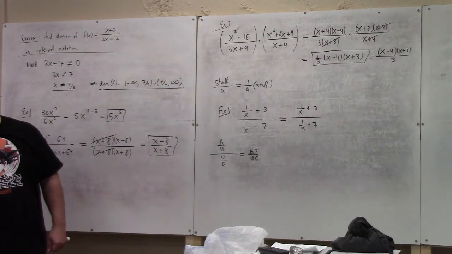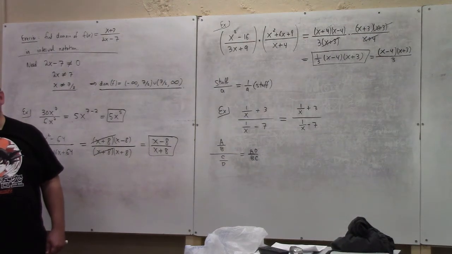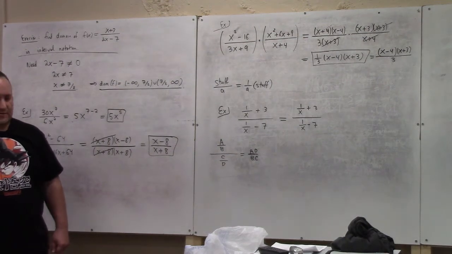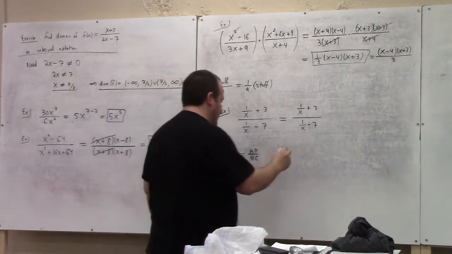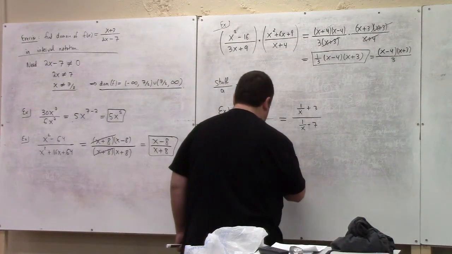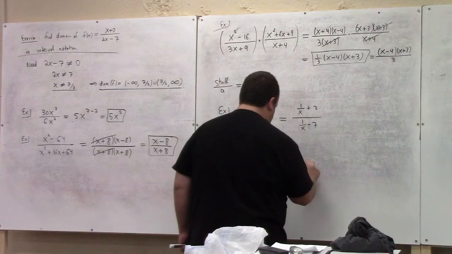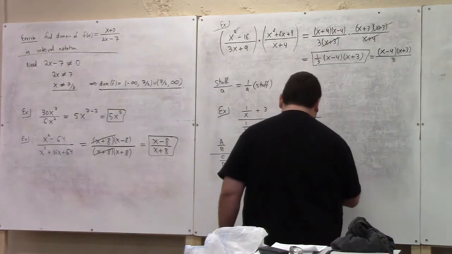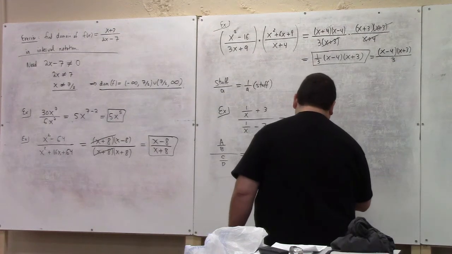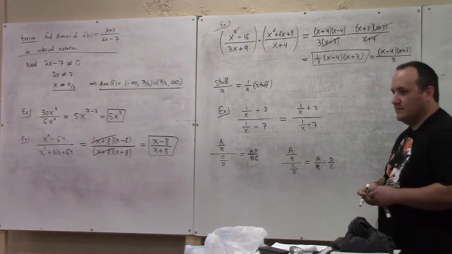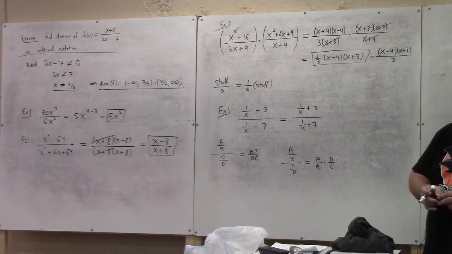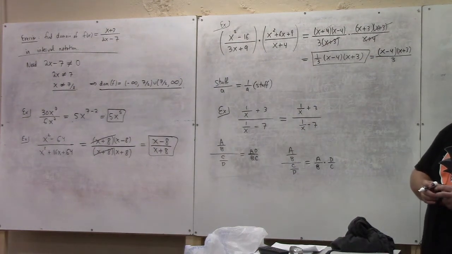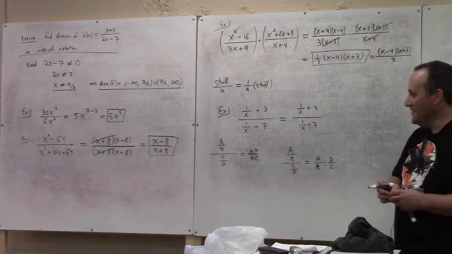Keep, change, flip. That's the one. Keep, change, flip is like this, except you keep A over B and then you flip the C over D, and that's what this is equal to. Not that I advocate these rhymey things, but if it helps you, great.